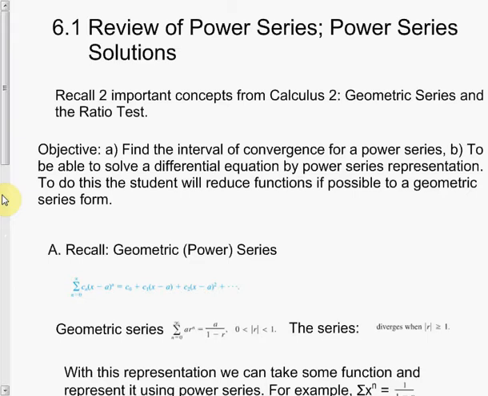Two things that you need to remember here are how to write a geometric series and how to apply the so-called ratio test to determine convergence. We'll make use of those two ideas.